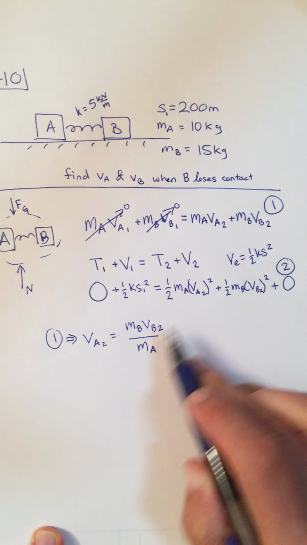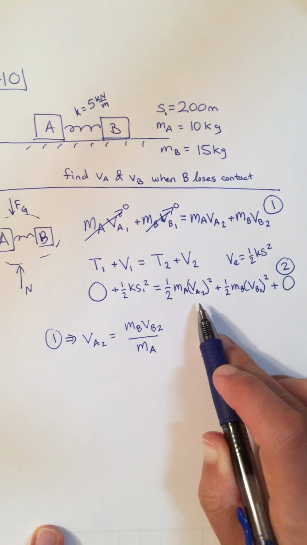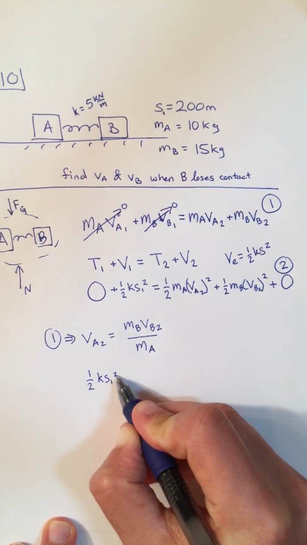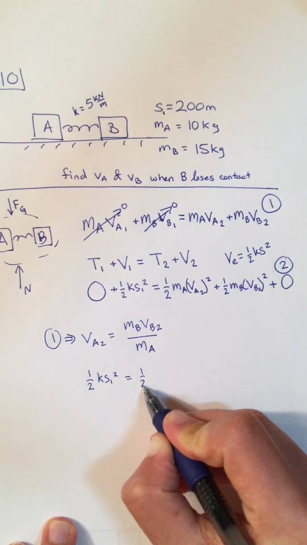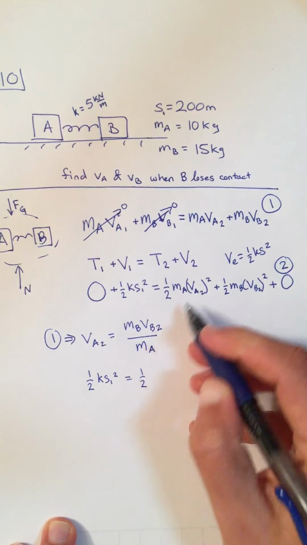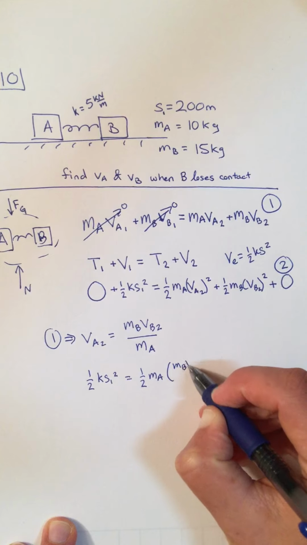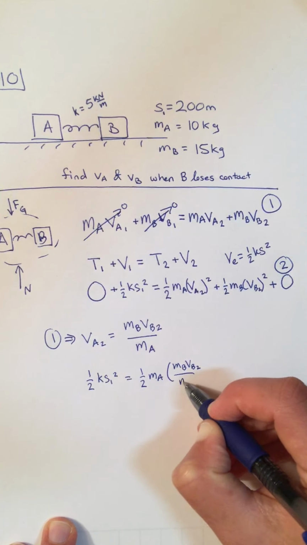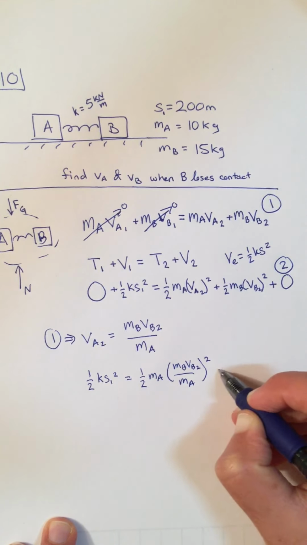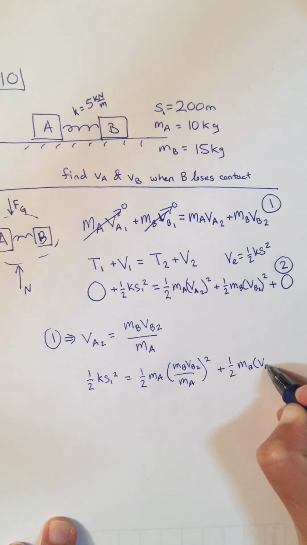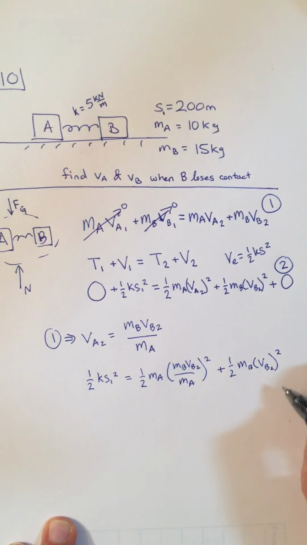Then we can take this and put it in equation 2, and we have 1/2 k s1 squared is equal to 1/2 MA times MB VB2 over MA squared plus 1/2 MB times VB2 squared.